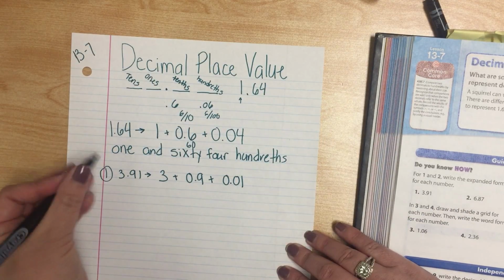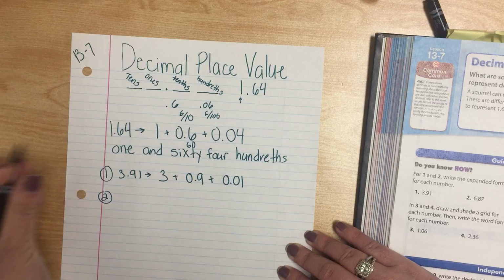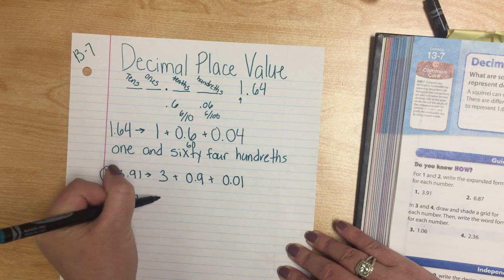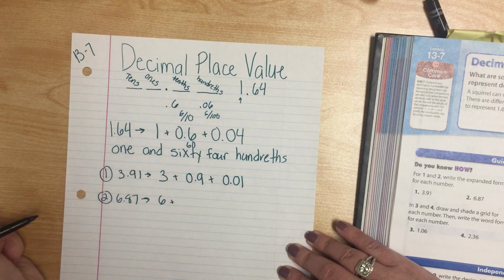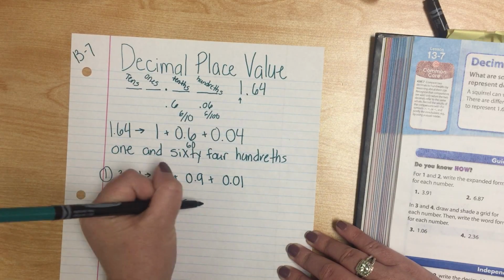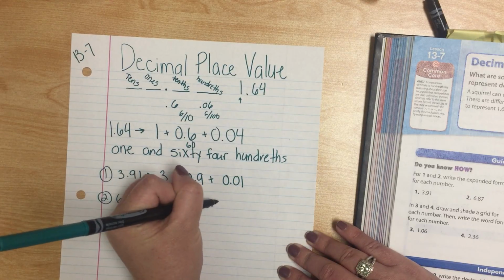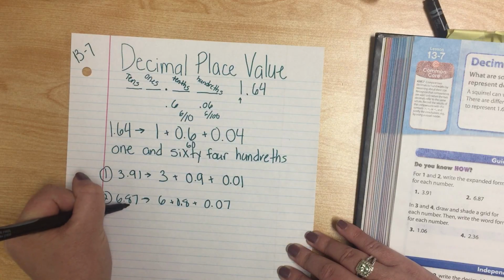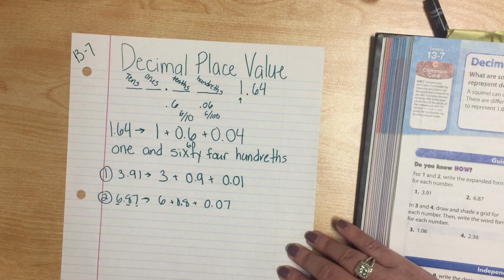For number 2, 6.87. Okay, that would turn into 6 plus 0.8 plus 0.07. I just have to look at each individual place.